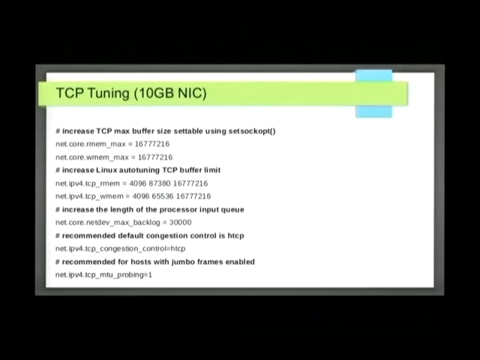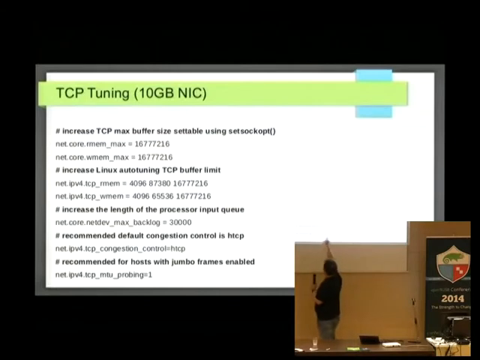But if you are using 10 gig switches and 10 gig network cards, it's always the best idea to increase TCP max buffer size, increase the Linux auto-tuning TCP buffer limit, increase the length of the processor input queue, and the most important, the recommended default congestion control, to change it to HTCP.